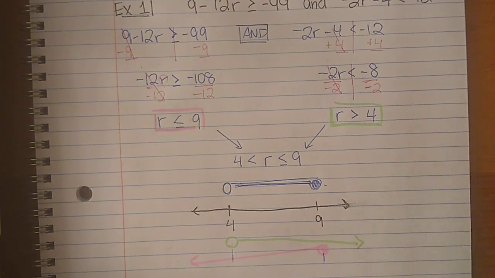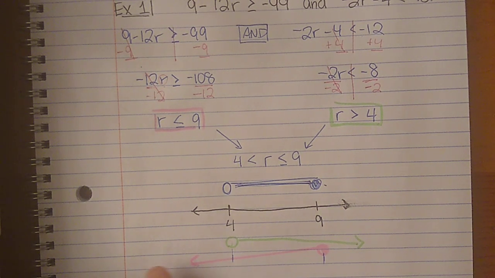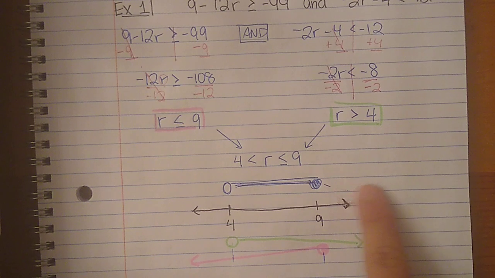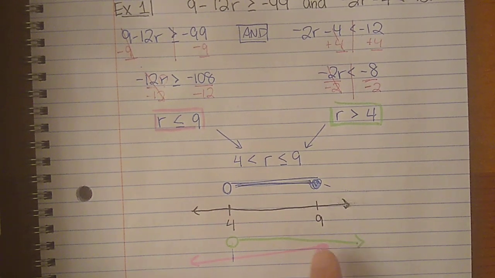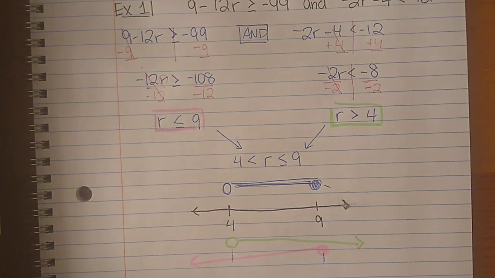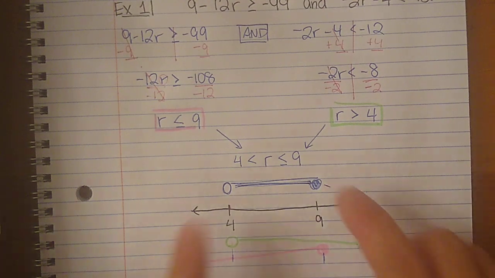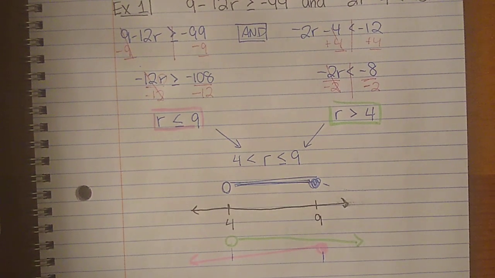Any number that is greater than 4 but also greater than 9 does not satisfy the fact that it needs to be less than 9, and vice versa in the lower direction. It needs to just be what's in the middle.